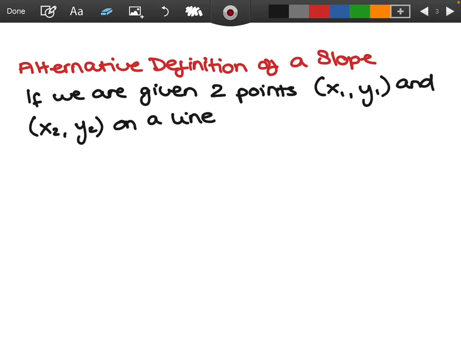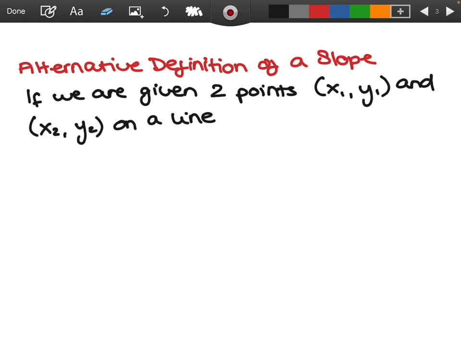The important thing here is that x1 and x2 should not be equal. If that were the case, that would mean that for a given x coordinate, there were 2 separate y coordinates for that one x coordinate. That would mean that you actually had a vertical line, because that is the only time that happens with a straight line. So a big thing to remember here is that x1 and x2 cannot be the same.